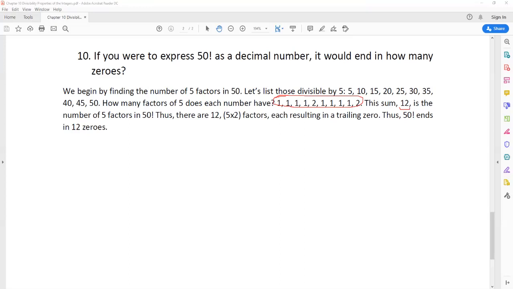So if there are 12 5 factors, I know that there are at least 12 2 factors, and 5 times 2 is 10, which means I have 12 factors that are 10 factors in 50 factorial. Therefore, the number 50 factorial would end in 12 zeros.